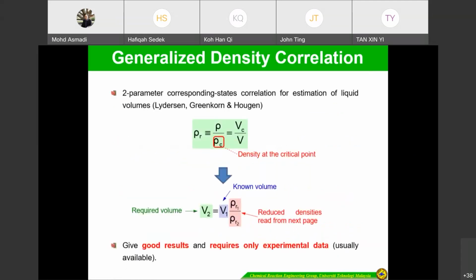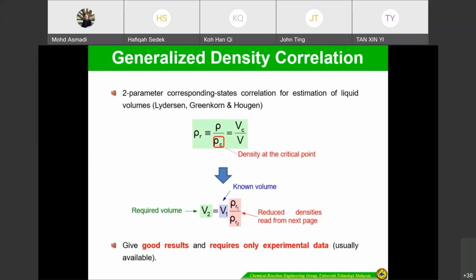And then we have the generalized density correlation. If you know the initial condition and you want to calculate at another condition, for example condition 1 and condition 2, we can estimate the liquid volumes by using density.